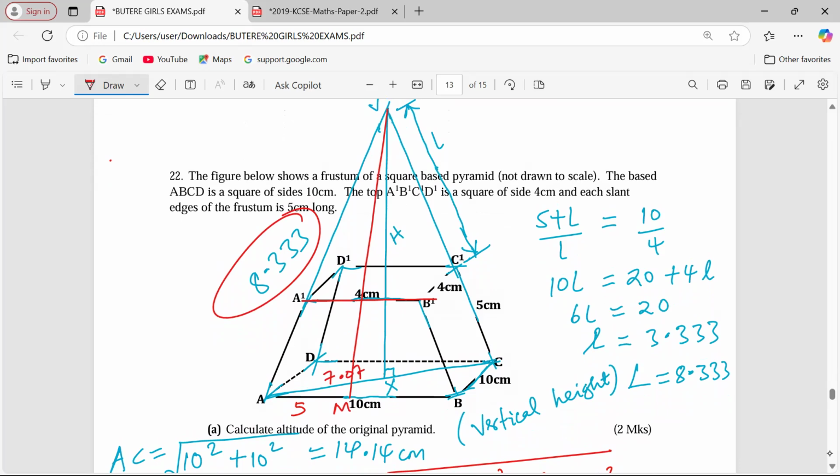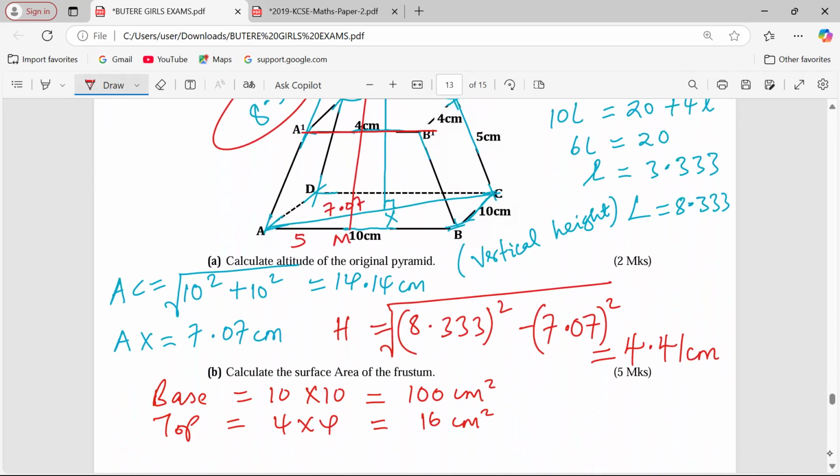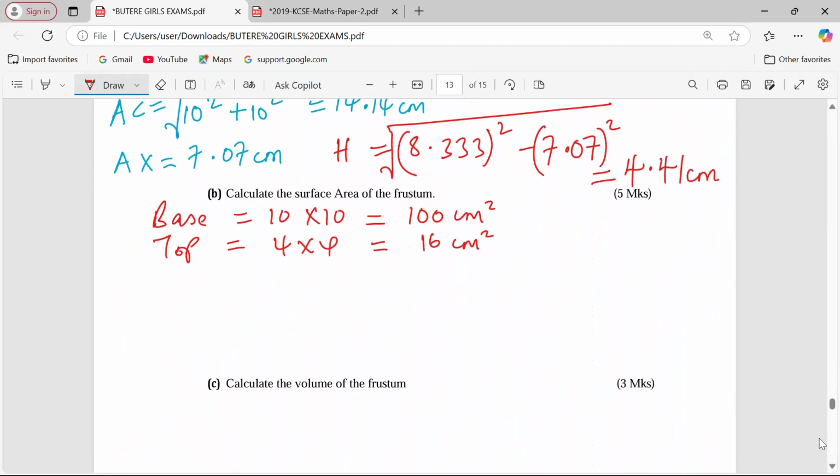So the height VM is going to be 8.33 squared minus 5 squared. Pythagoras theorem. Then we take the square root for us to get the height. 6.67 centimeters.